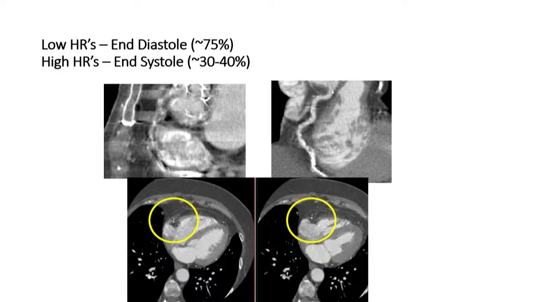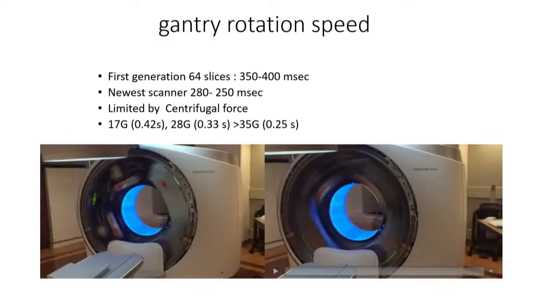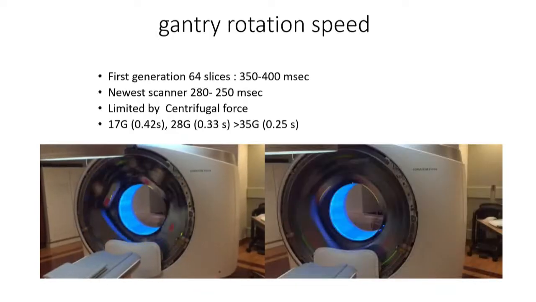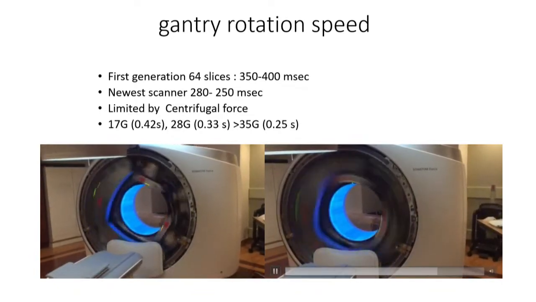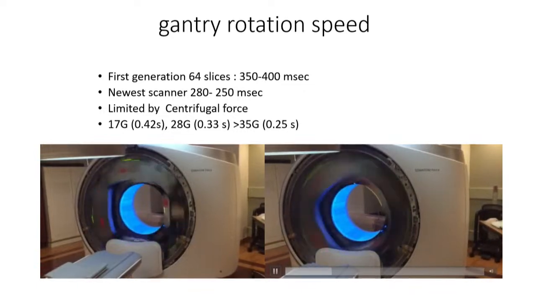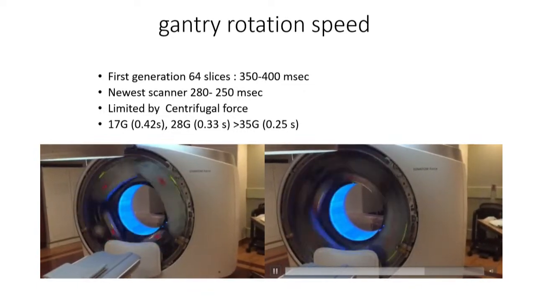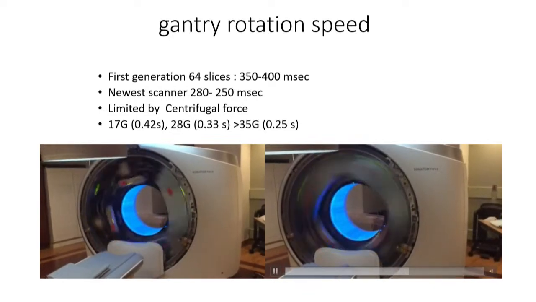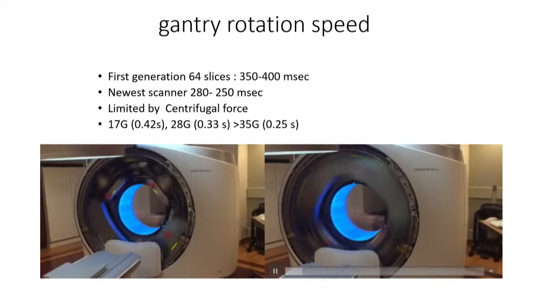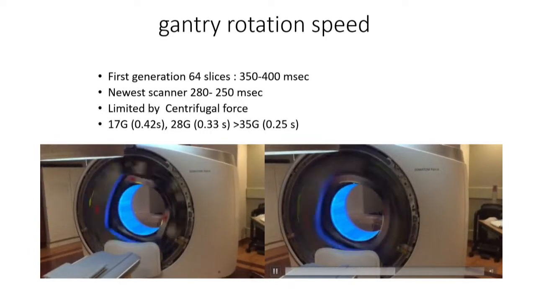For high heart rate, anything over 70, I would say, end systolic is more reliable. And this is the gantry rotation speed of a regular CT scanner. This is our 64 scanner working. Okay? So the new scanners, our 64 scanners, go through a single rotation in 250 milliseconds.